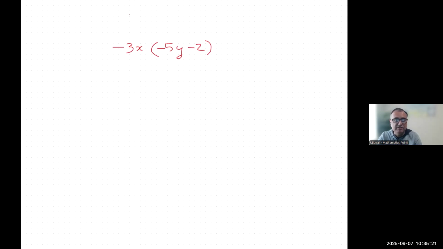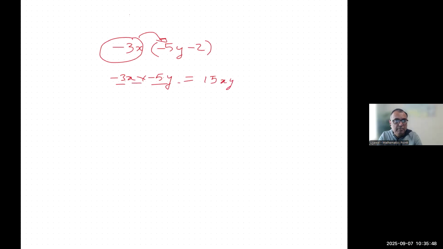You've got negatives here, and wherever you see negatives, you need to be extra cautious. I have negative 3x getting multiplied by negative 5y. Negative 3 times negative 5 makes it 15, and x times y makes it xy.